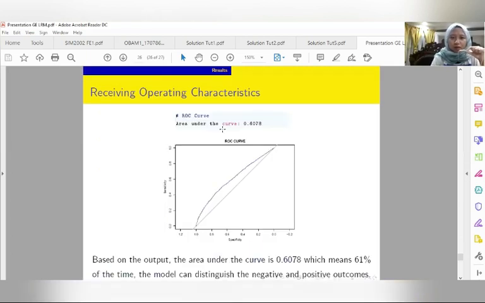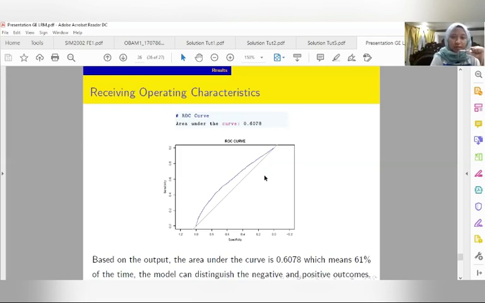Here is the output that we obtain from R. Based on the output, we found that the area under the curve is 0.6078, which means 60% of the time the logistic regression model can distinguish the negative and positive outcomes.